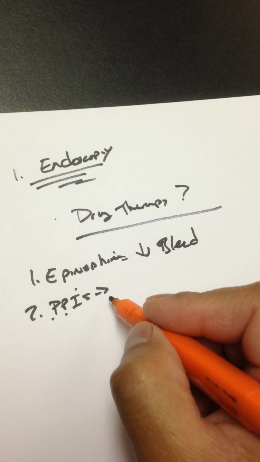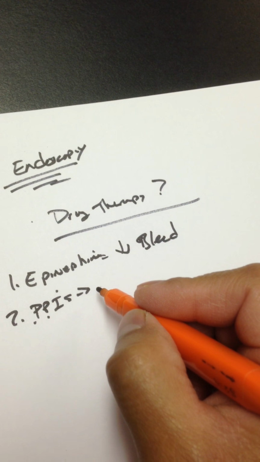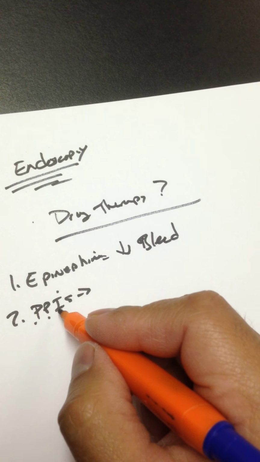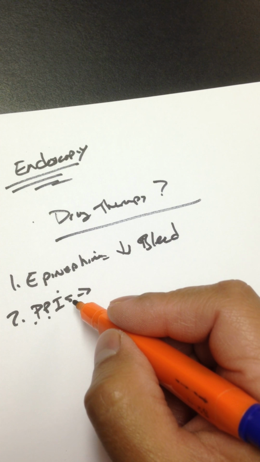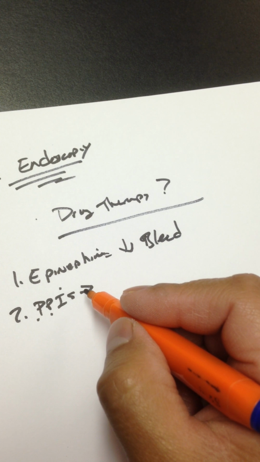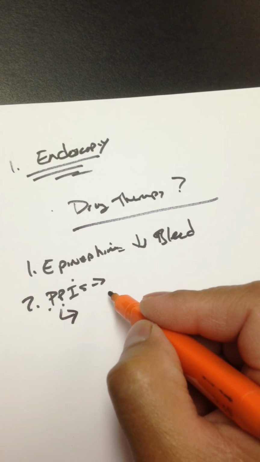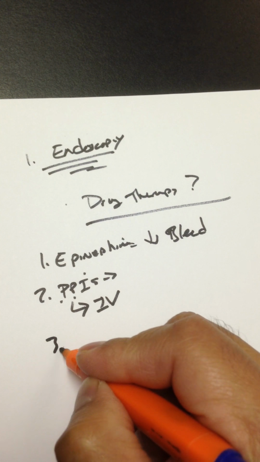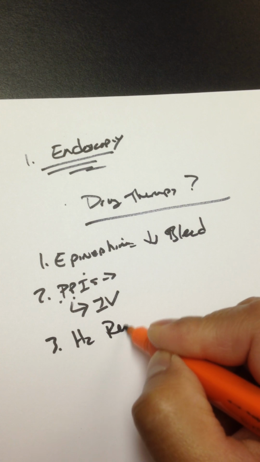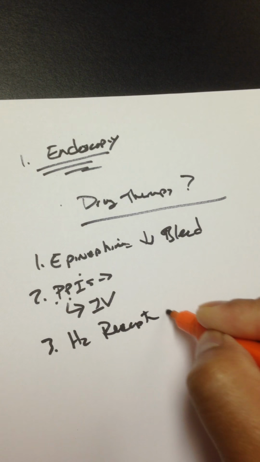Now I'm going to give you a couple of examples, so hopefully you remember these if you see them on your NCLEX. Examples of PPIs include Protonix, Nexium, Prilosec, and Prevacid. Now, if your patient is on NPO status, you will give these IV. Something else that you can give are your H2 receptor blockers.